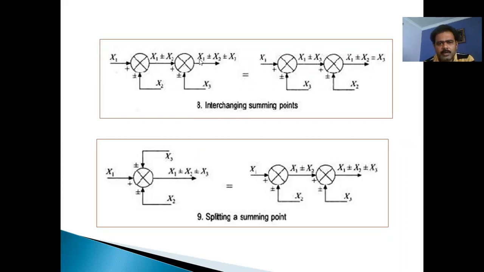This summing point can be kept here and this summing point can be moved here. Similarly, splitting a summing point: here a total of 3 signals are adding, so that can be split into 2 summing points. So we can split the summing points and we can interchange the summing points. Just note down these formulas.